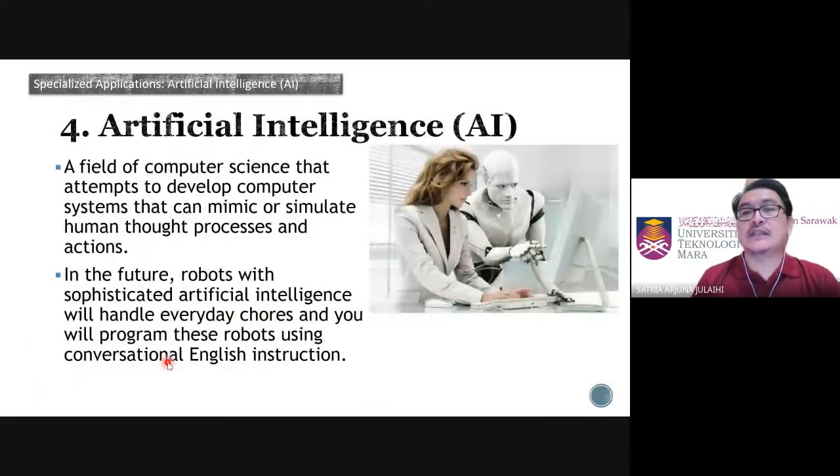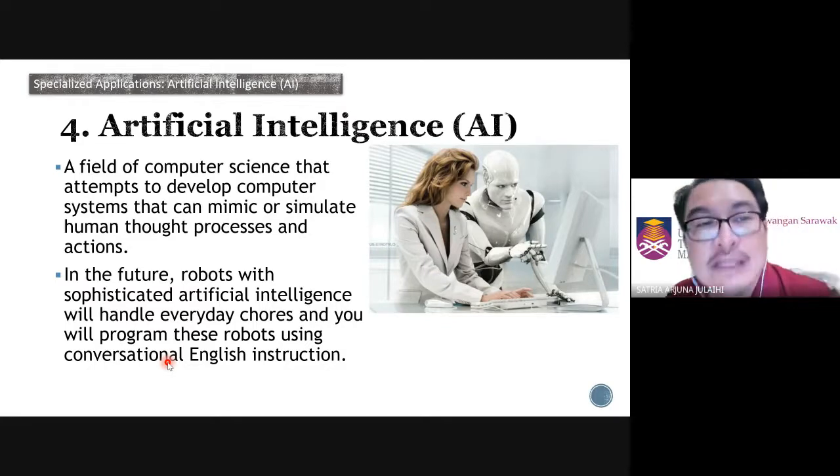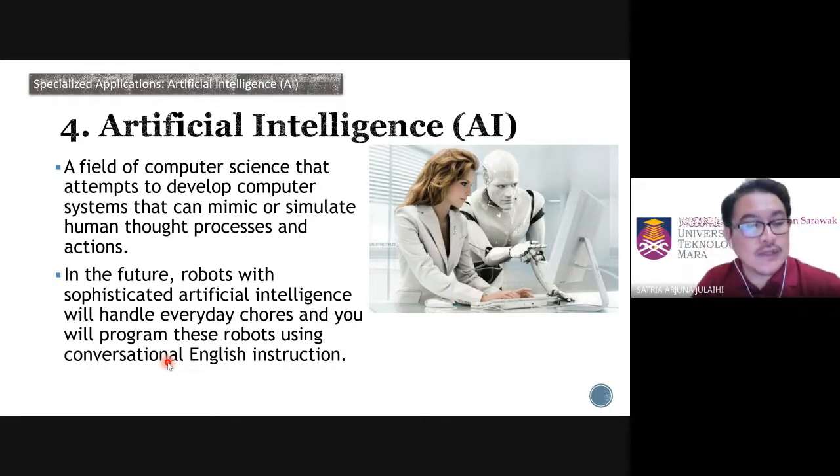Artificial intelligence or AI, yeah, definitely general user like us, we don't use AI software, but for scientists and also person that is doing research on artificial intelligence, they'll be using AI software. Yeah. Here it says, in future, robot with sophisticated AI will handle everyday chores, yeah, and you will program this robot using conversational English instruction, yeah.